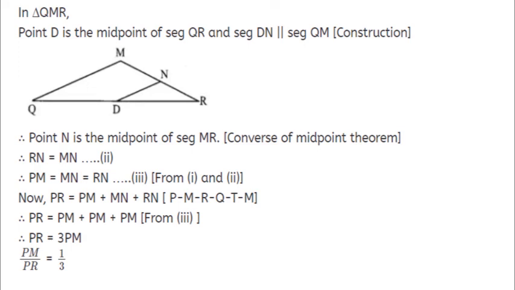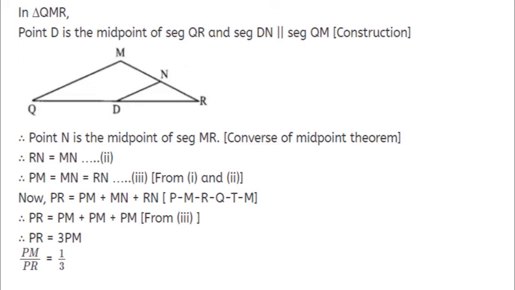Now PR can be split up as PM plus MN plus RN because of P hyphen M hyphen N hyphen R. Put a hyphen in between, otherwise put a comma in between. Here the reason should be written like this: P hyphen M hyphen N hyphen R. Write properly.